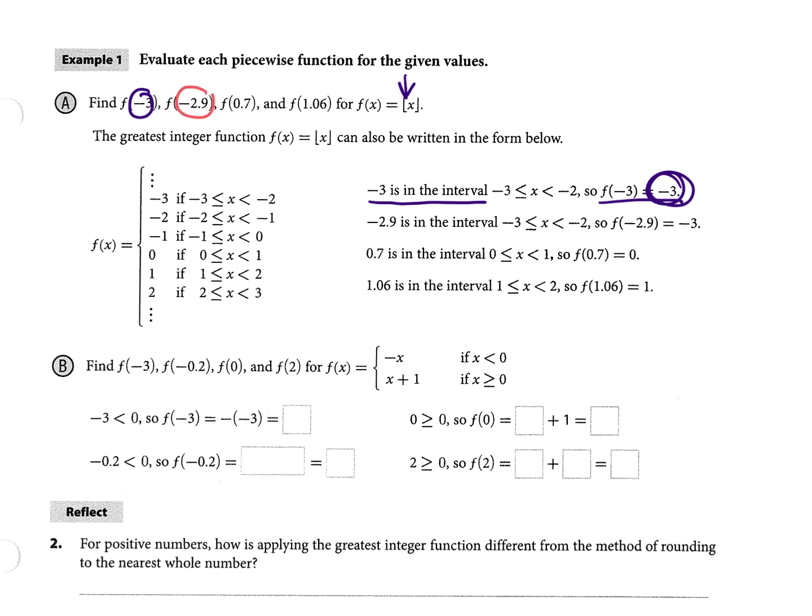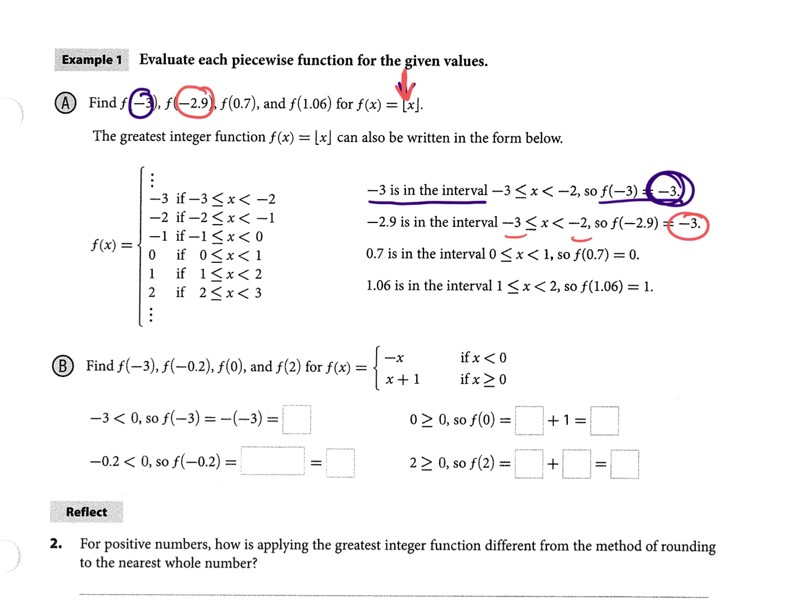If I put negative 2.9 in for x, and negative 2.9 is in the interval between negative 2 and negative 3, so it goes back to the closest integer below it, which is also negative 3.